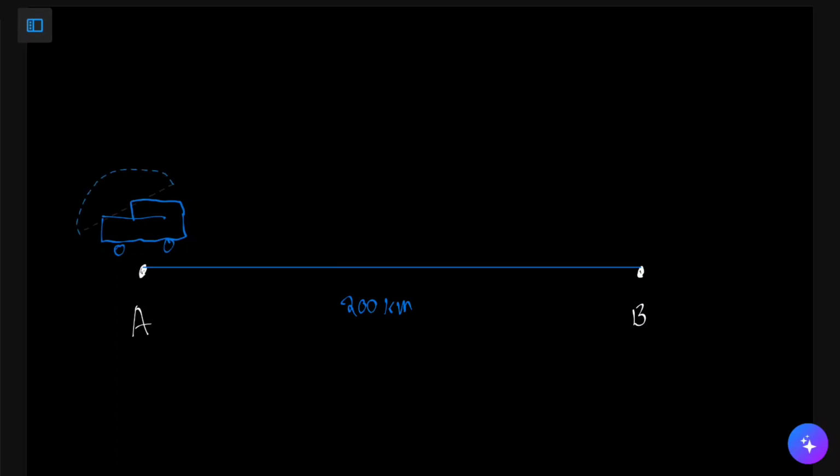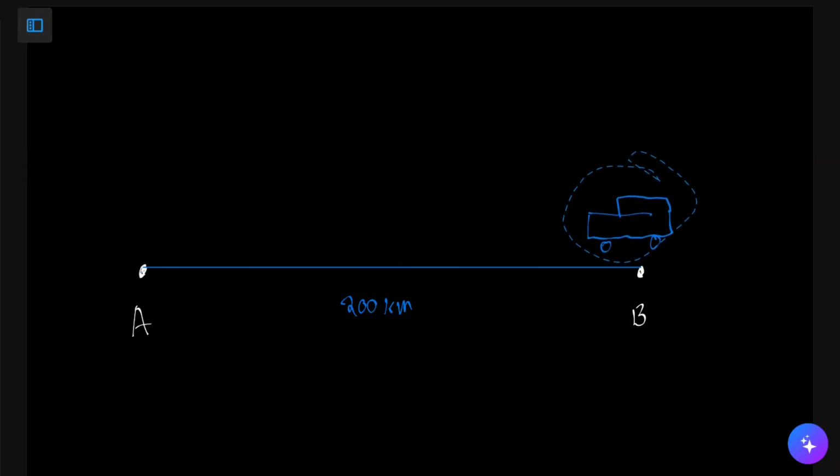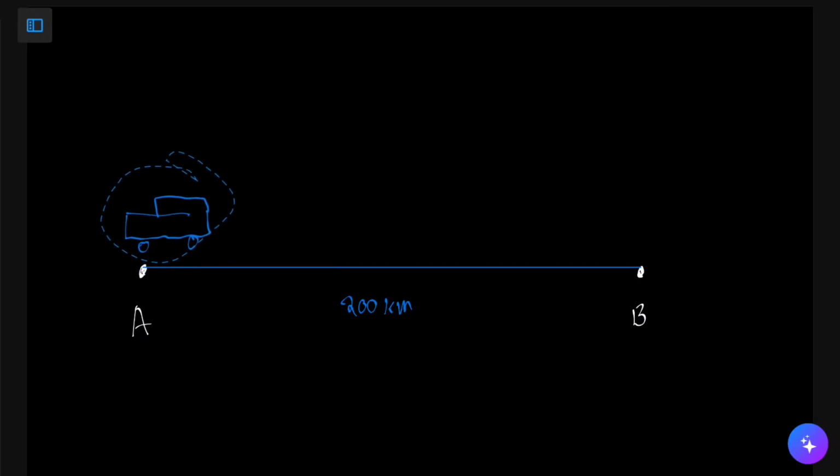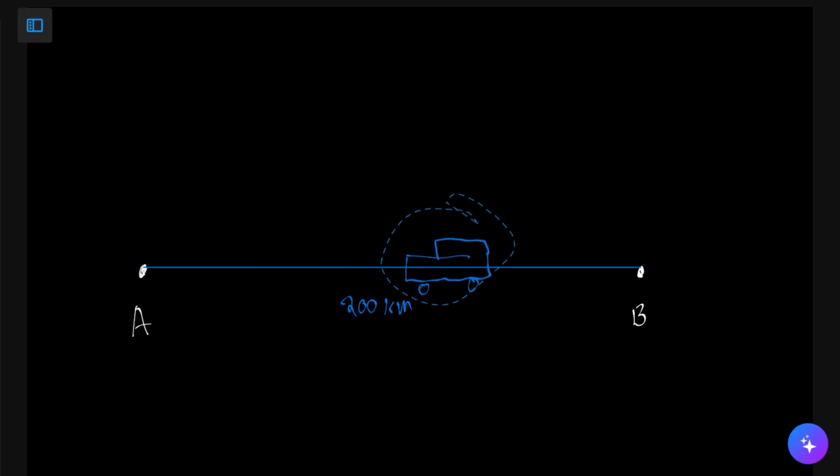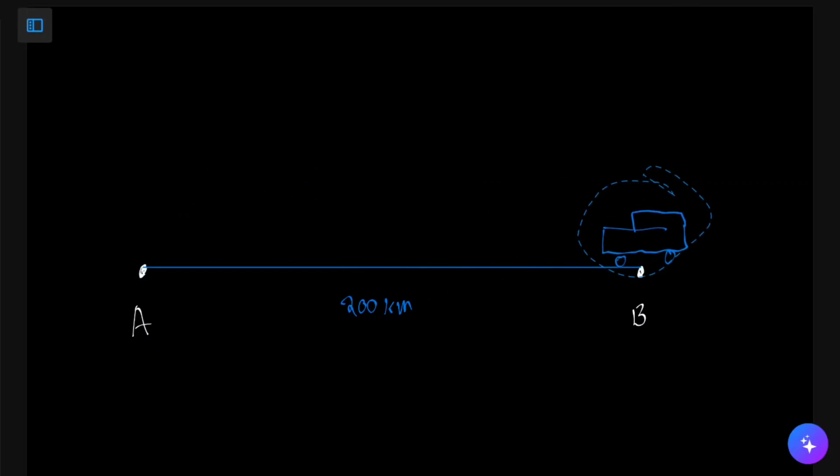So, kunwari, you want to travel from point A to point B. And during your entire trip, from point A to point B, it took you 3.5 hours to do so. So, I want to ask you, how fast are you traveling from point A to point B?